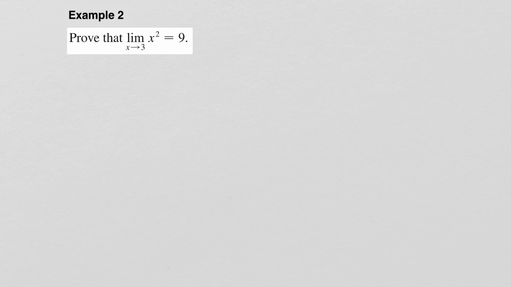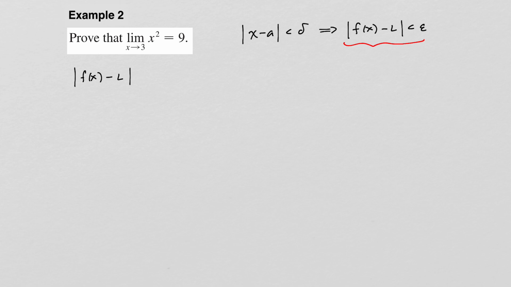So again, the precise definition of a limit says that anytime the absolute value of x minus a is less than delta, you will get the absolute value of f of x minus L to be less than epsilon. So just like in the previous example, we are going to start by working backwards. We start with the absolute value of f of x minus L needs to be less than epsilon.